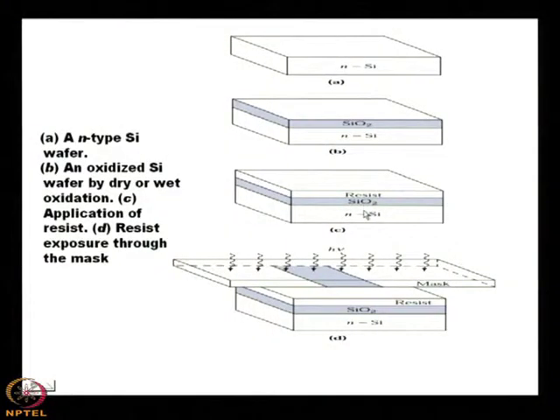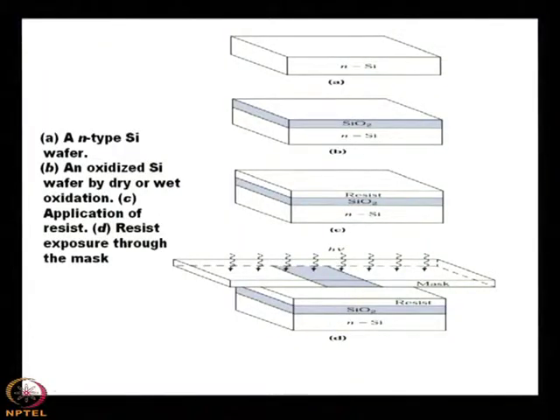Because our aim is to open a window on the N silicon, because when we make a PN junction, I have to define the junction area, I have to define the junction geometry, whether the junction will be 1 micron by 1 micron, whether the junction will be 0.1 micron by 3 micron, that you have to calculate using some equations.